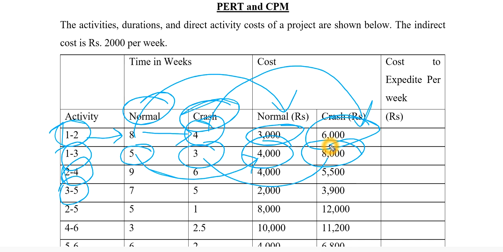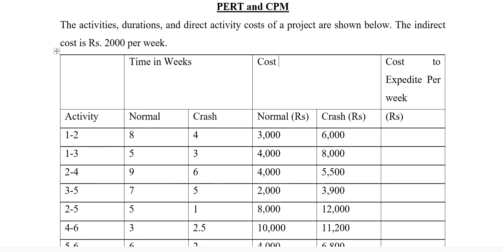Now, my whole purpose is to reduce the time and cost of the whole production process. For this, the first thing I have to calculate is cost to expedite per week. To calculate cost to expedite per week, or we can say slope of the activity, the formula is crash cost minus normal cost divided by normal time minus crash time.